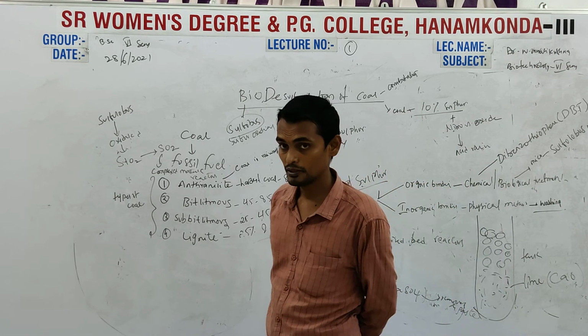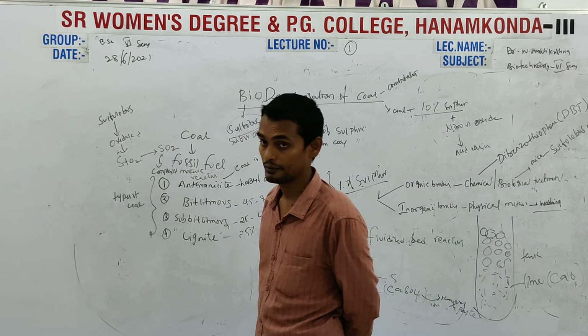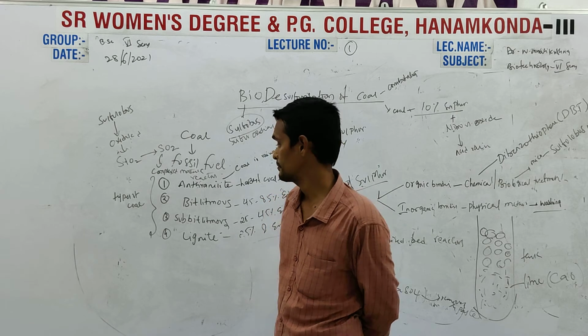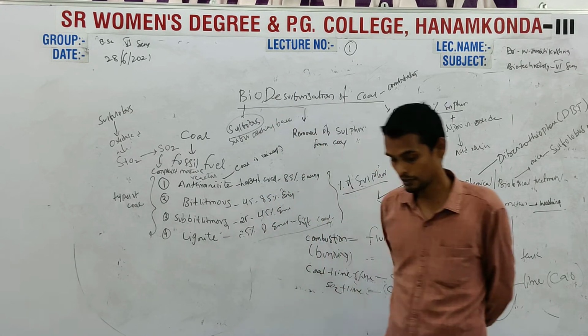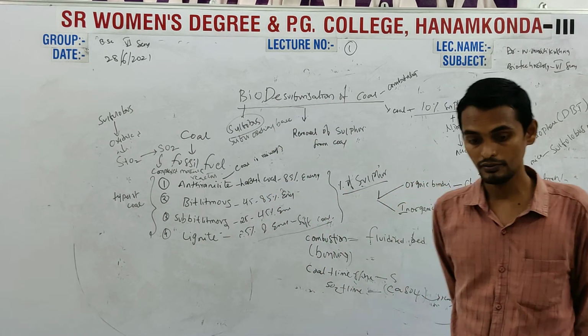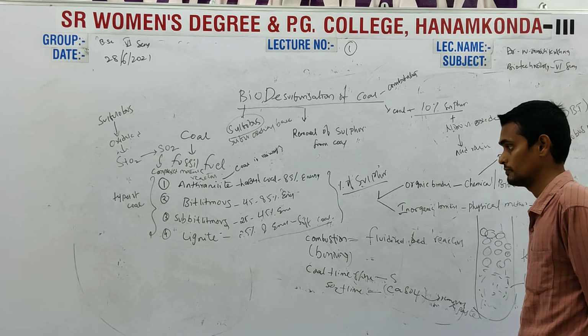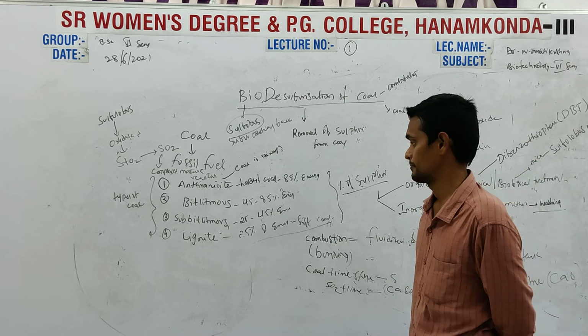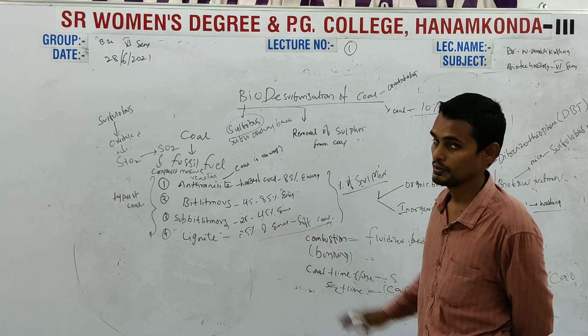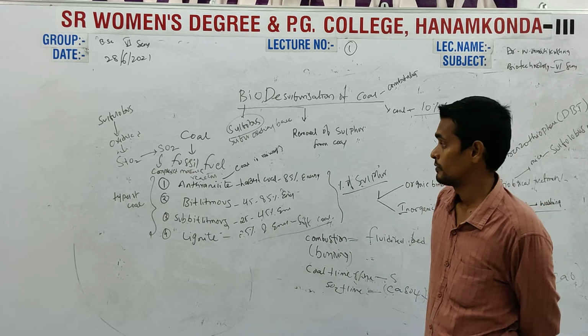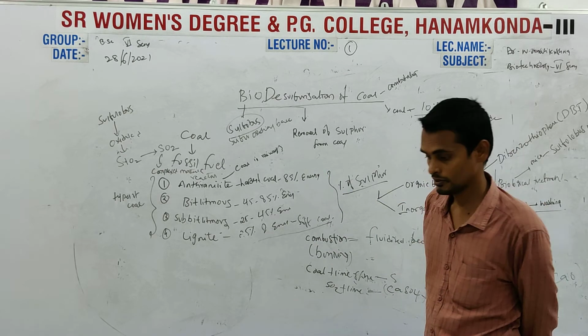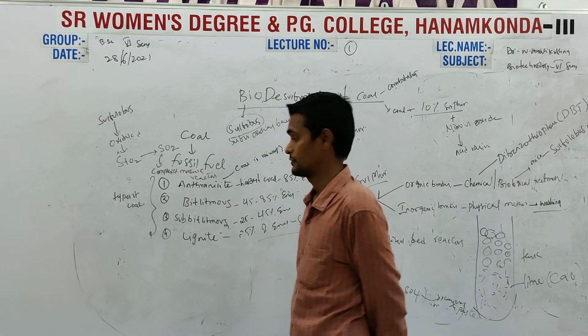And the fourth category of coal is lignite, which gives up to 25% of energy when it undergoes combustion. So these are the 4 different types of coal based upon the energy released on combustion.